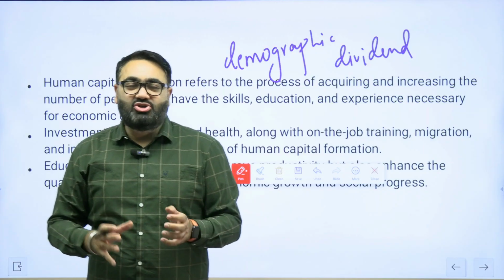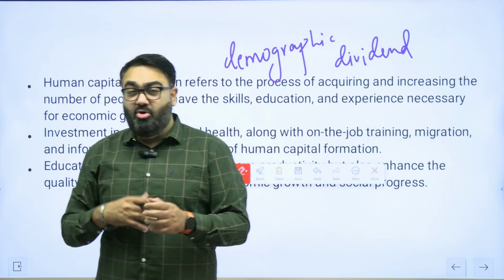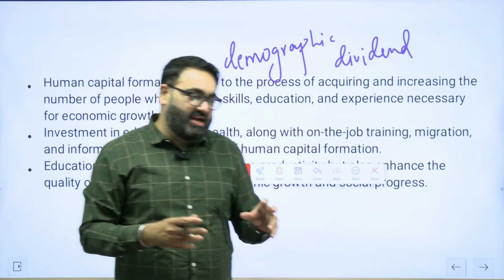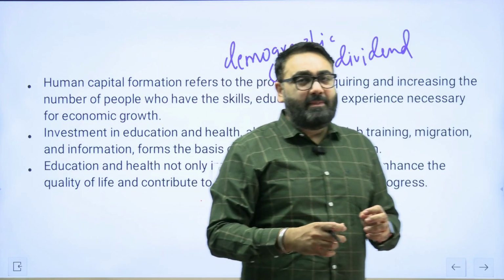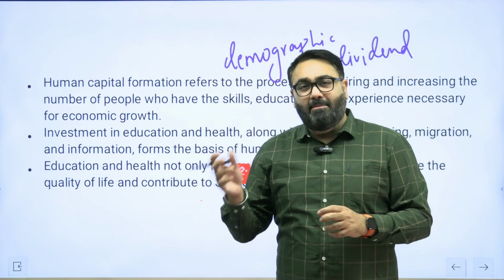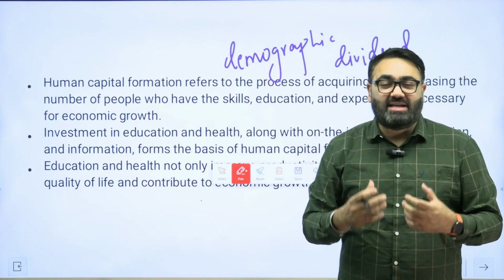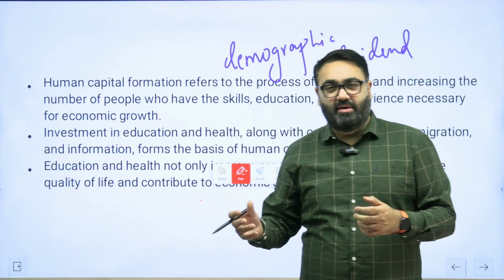It means a majority of the population is actually contributing to the economy, and the people who are dependents, either kids or elderly, the people who are dependent on the government, form a minority. This is where India is right now.